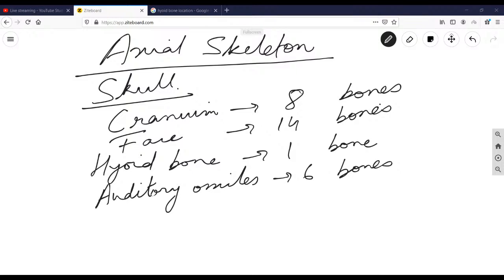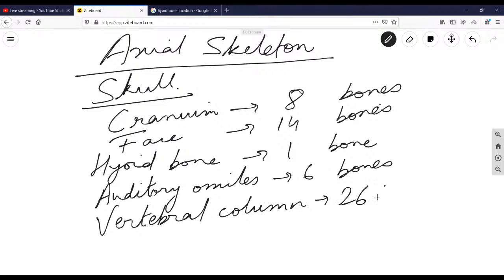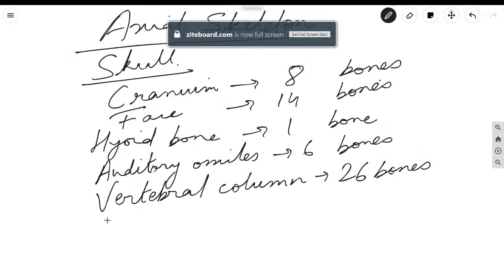Then we have the vertebral column. The vertebral column has 26 bones. I'll tell you how later on. Just hold on a minute, let me make you count the bones first. It has 26 bones. Then we have the thorax.